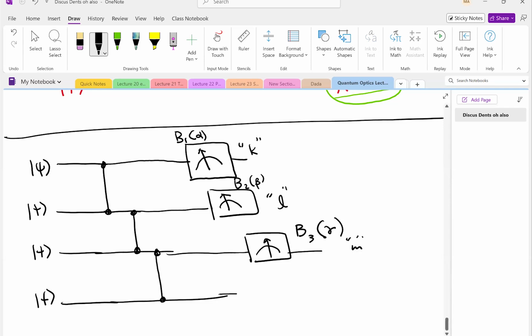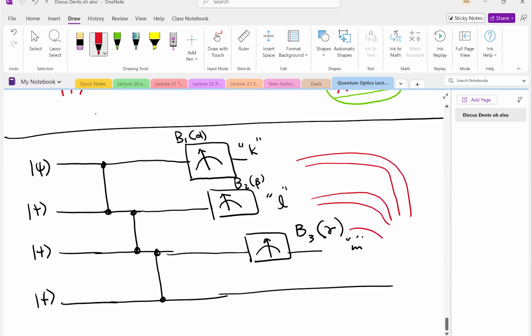And then you supply these values of K, L, and M, these bits to the holder of this qubit, to this party.